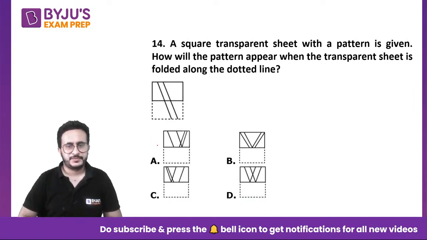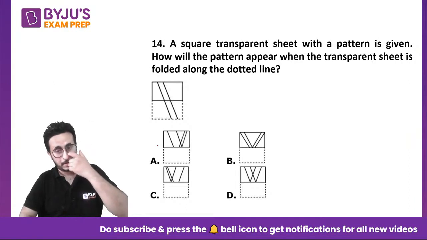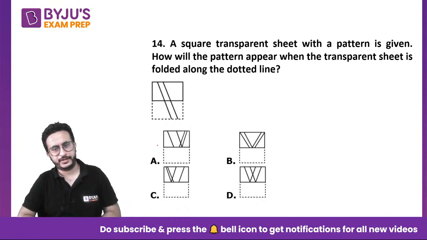So a square transparent sheet, right? When you fold it, how does it look? So again, it's like a folding question wherein you take two layers.